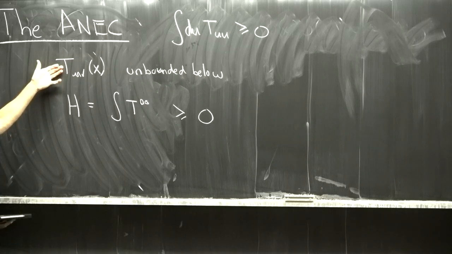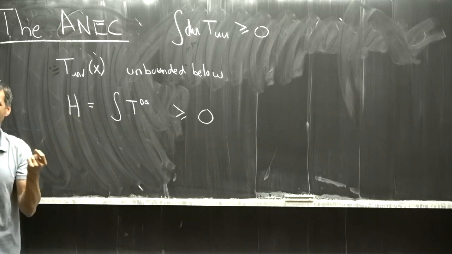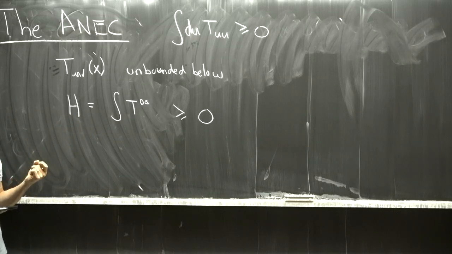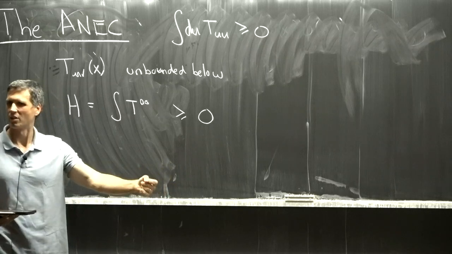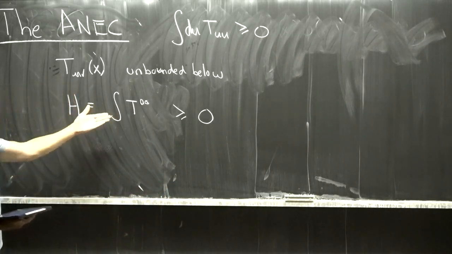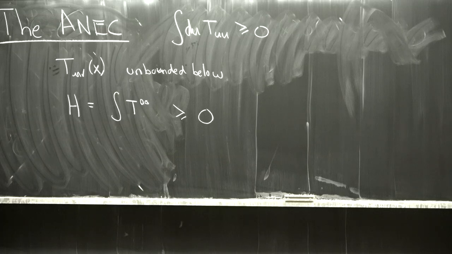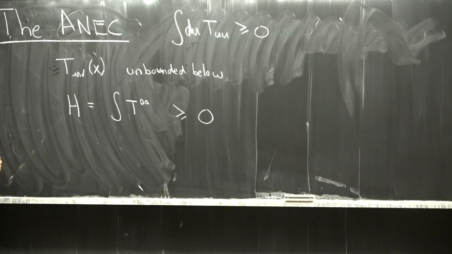What this is telling you is that if there's negative energy in one region of space, then there has to be even more positive energy. So you can sort of borrow some negative energy, but overall, it has to add up to something positive. You could ask, how much do you really have to smear to get a positive operator?